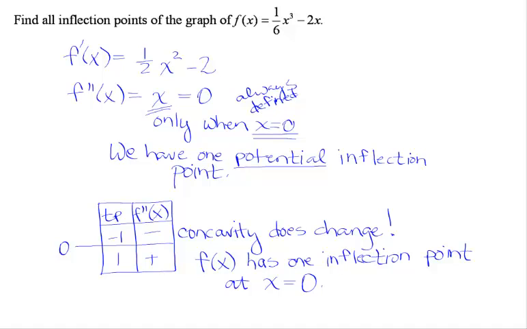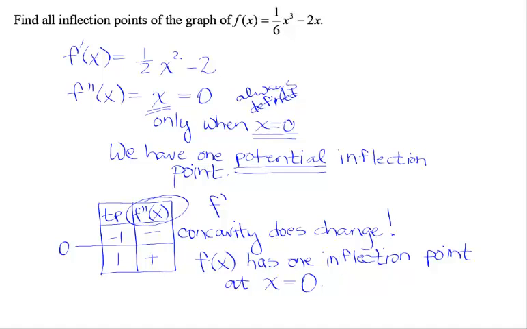So make sure you understand what the second derivative tells us about the concavity of the original function f. Also, what the second derivative tells us about the first derivative, f prime. Know those relationships in both directions. And make sure you understand there is a difference between potential inflection points and actual inflection points.